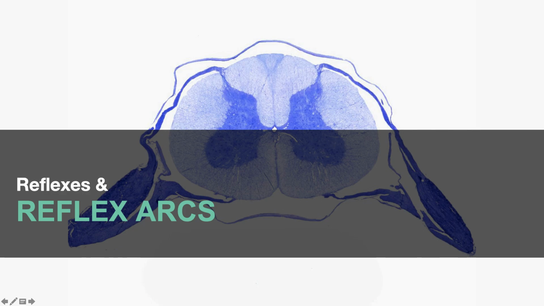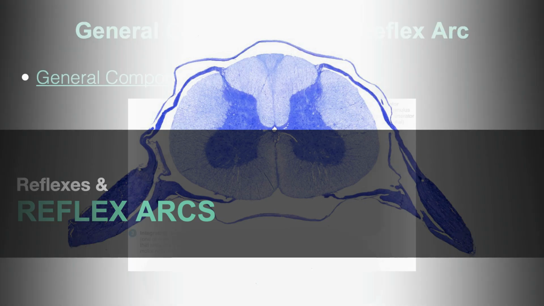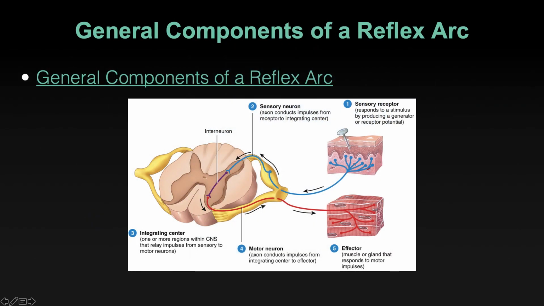We left last class talking about reflexes. And reflexes you can think of as essentially the wiring or the circuitry for a feedback loop. Really, a reflex is really just a feedback loop. There's a sensor, something is integrated or processed, and then usually a motor neuron will execute some task.